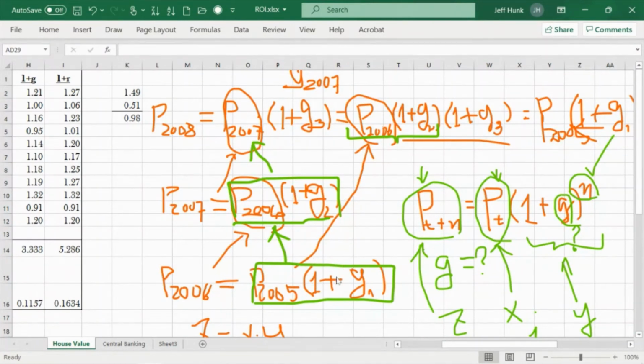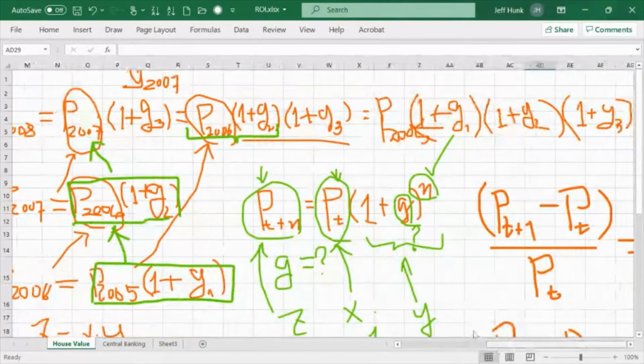But then the 2006 price is defined as the 2005 price times 1 plus G. So if I replace it, then the whole thing becomes, basically, every successive year can be expressed as the previous year times 1 plus G for that year.